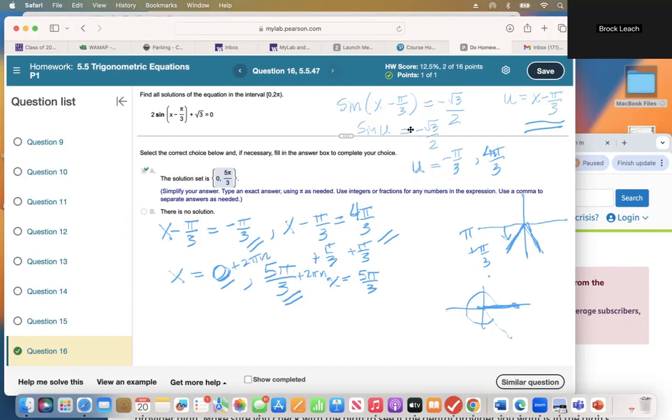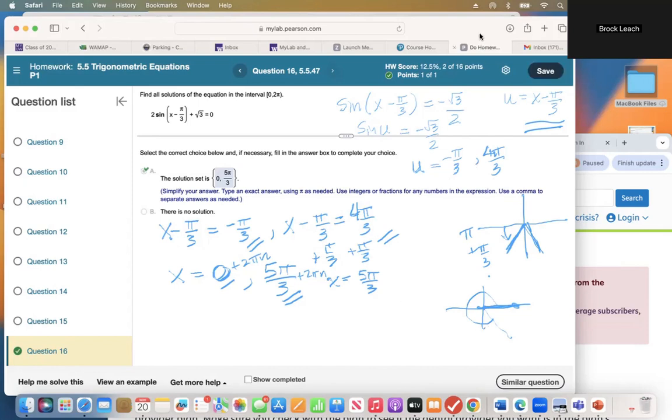So you kind of pretend like it's just the sine of something, sine of u. What are the solutions there? And then we need the solutions for x, not for u. So we take u's value, which is x minus 3, set it equal to one of the angles, then set it equal to the other angle. But remember, for every positive, there's two solutions for sine and cosine.